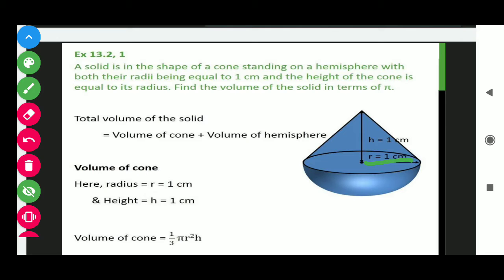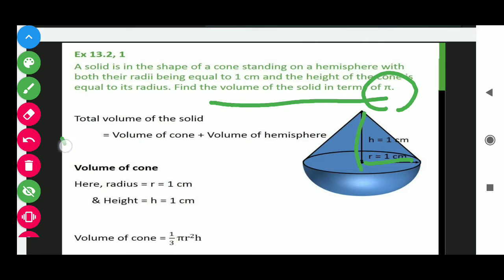In the same way, the height is equal to 1 centimeter, and we need to find the volume of the solid in terms of pi. In this question, no need to put the value of pi, we just calculate and the answer comes in the form of pi.